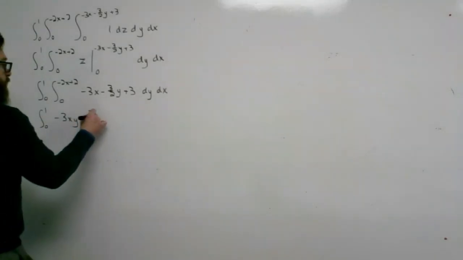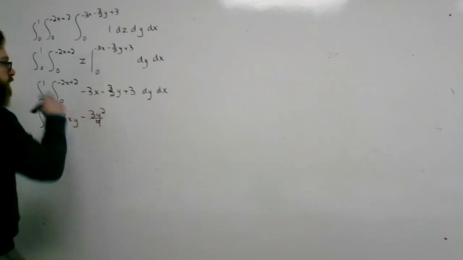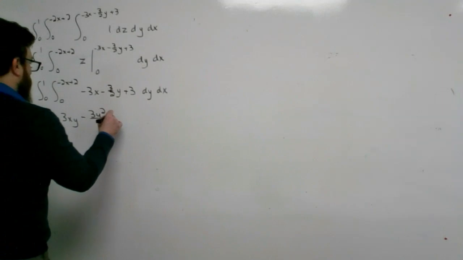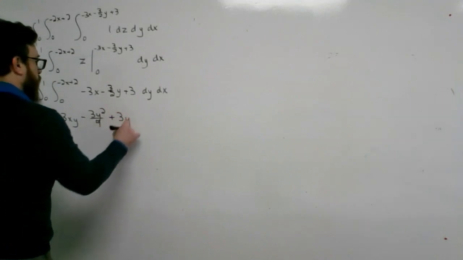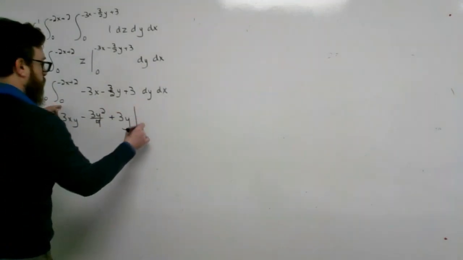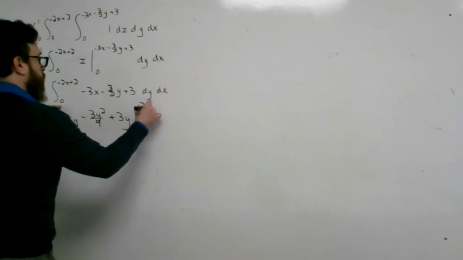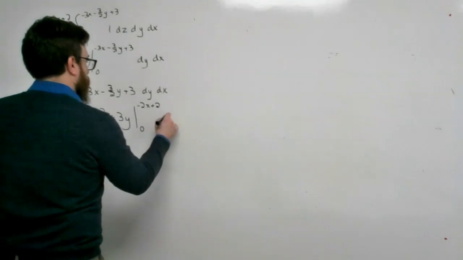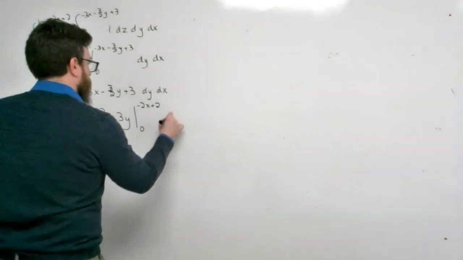So this is going to be minus 3y squared over 4. And then integrating this with respect to y is going to be plus 3y, evaluated from the lower to the upper, dy with respect to that, and then this is going to be dx.